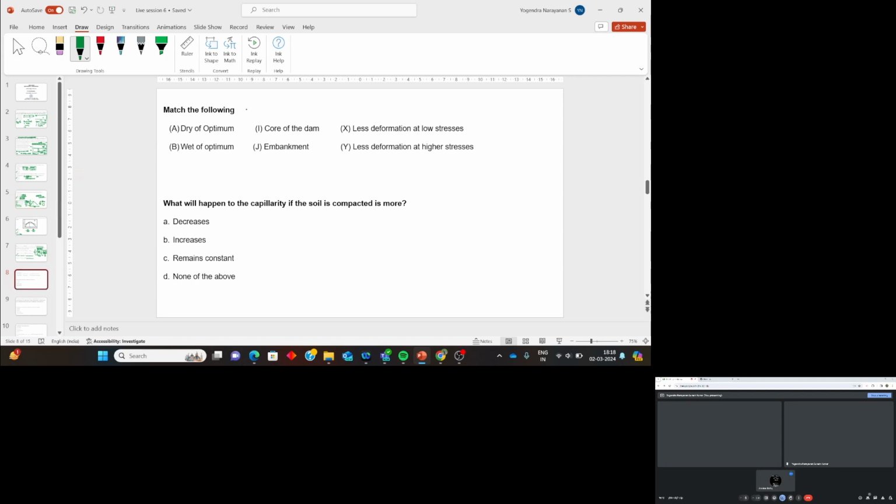So this is the condition. You have to match A and B with both I, J and X, Y. Can you answer this?